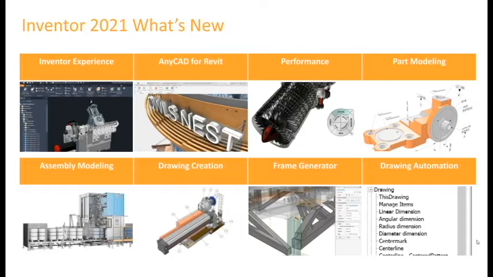Drawing creation, I already hit on that, as far as being able to change the look of your referenced parts within your assembly. Frame generator, there are some new features as far as placing those frame members, as far as what glyph, or those white points on those frame members, you want to be driven off of the sketch that allows you to create those frame members.